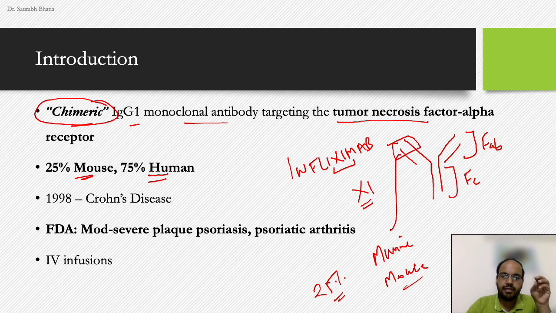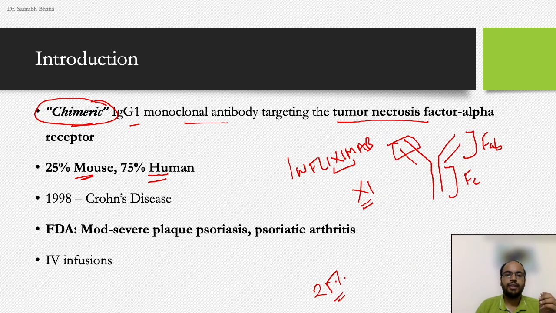But in infliximab, since one fourth of the molecule is derived from mouse, it will lead to significant development of autoantibodies, and subsequent exposure to infliximab may lead to decrease in its efficacy. Those autoantibodies will neutralize infliximab, and gradually you will see that the drug you are giving is now showing a bit less efficacy than it was showing previously. So remember, because of this murine molecule, a lot of autoantibodies are formed.